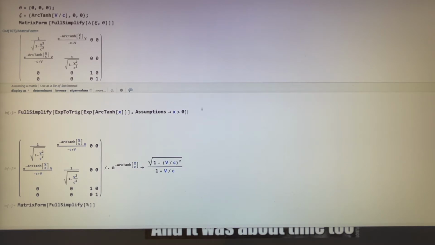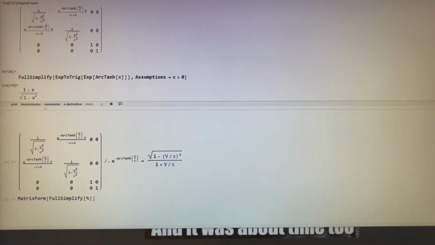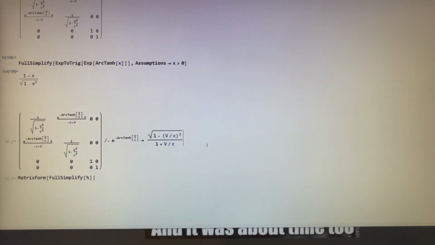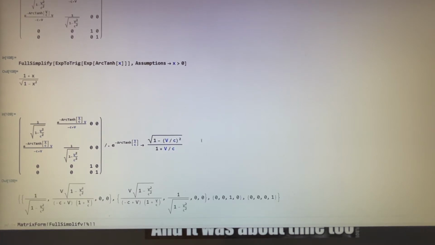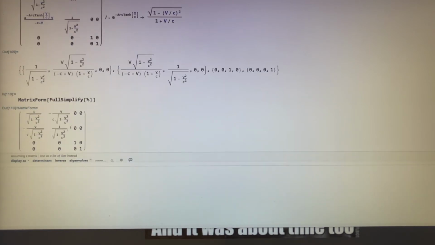What is this? If we do that, we can tell that the exponential of an arctanh simplifies a lot. And we can actually do this simplification by hand here. If we simplify this expression like that, we obtain, okay, let's write it in matrix form, that the expression is this one.